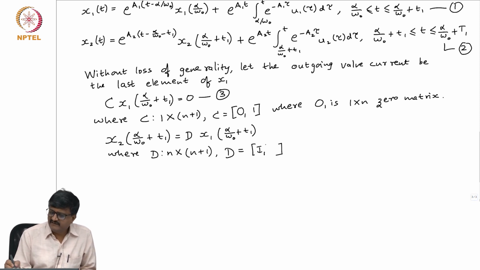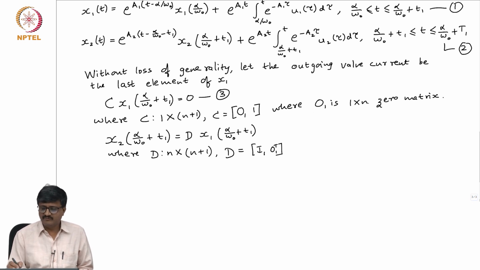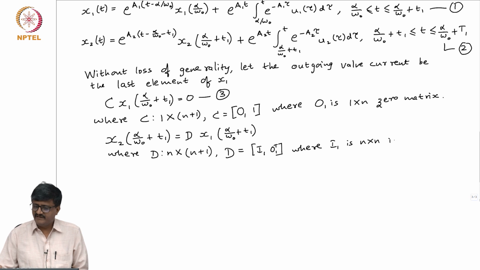Then I already have a 0 matrix O1. So, can I write this as O1 transpose? O1 is of size 1 cross n, so O1 transpose is of size n cross 1. But what is the size of I1? I1 is an n cross n identity matrix.